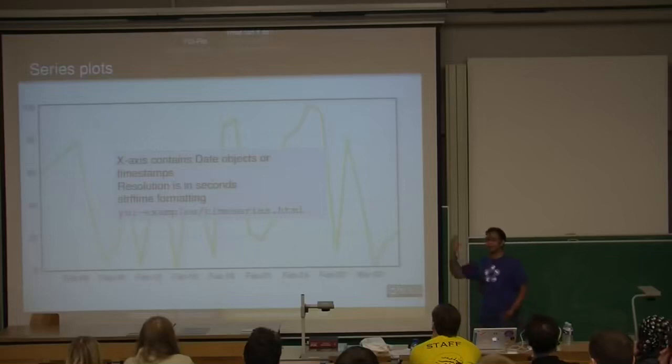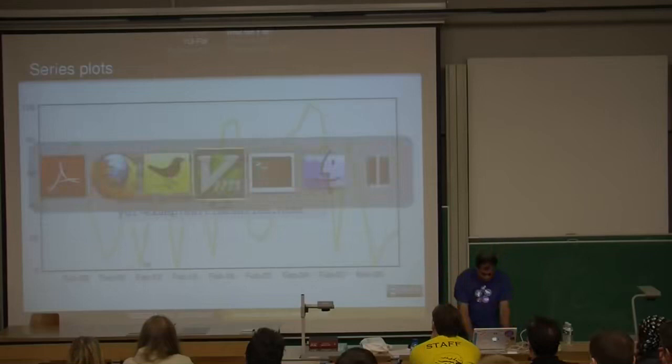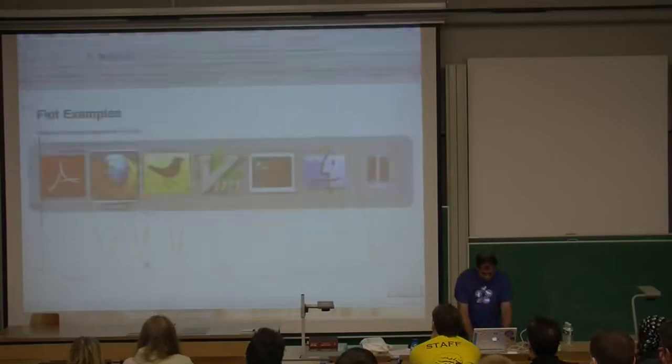So rather than have to iterate through the data and multiply everything by 1,000 before I pass it to the library, I just let the library handle it in seconds. And full strftime based formatting. So you can plot something using any strftime based formatter. So I can show you an example.